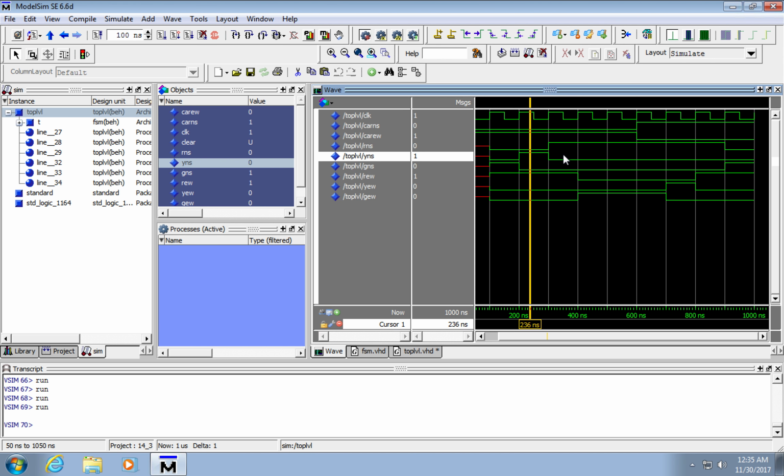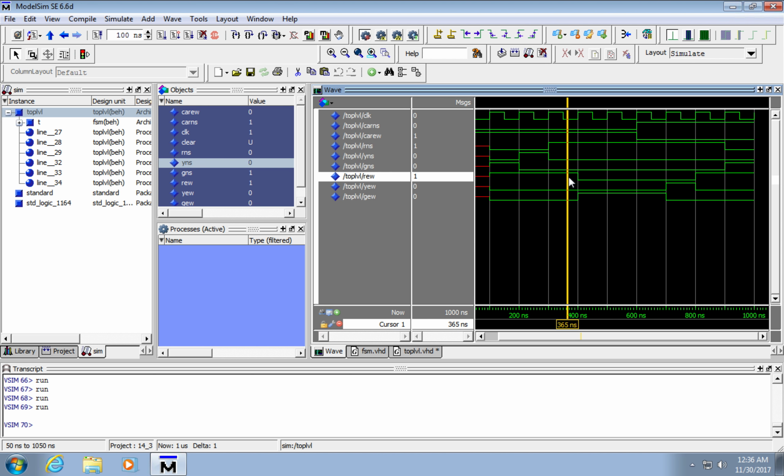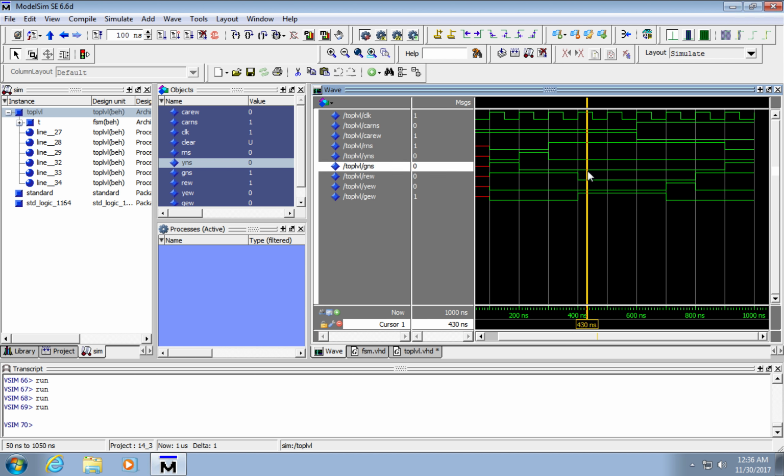And then in state 3, north-south is now red, east-west is red, no cars are moving, all stopped. At the next rising clock edge, east-west is now green, and north-south remains red.